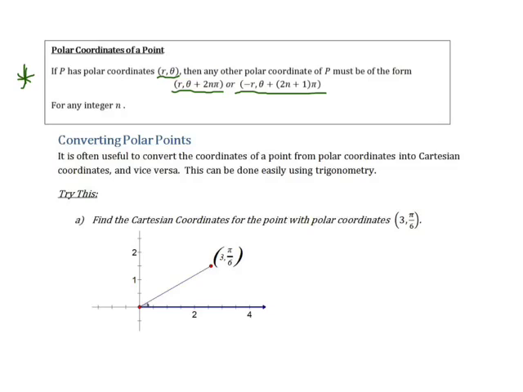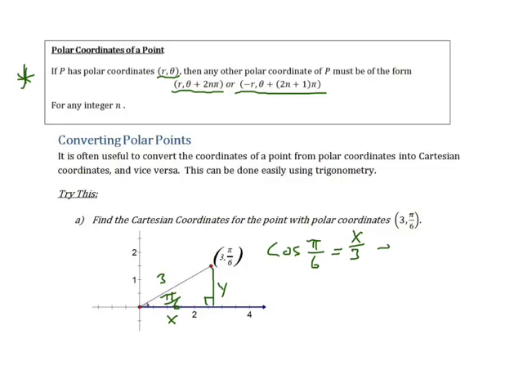Well, it all boils down to our trigonometry. So if we come down, this is our x, this is our y. We know that the radius is 3, and this is pi over 6. That should look pretty familiar. We know that the cosine of pi over 6, that's our angle, is x over 3.